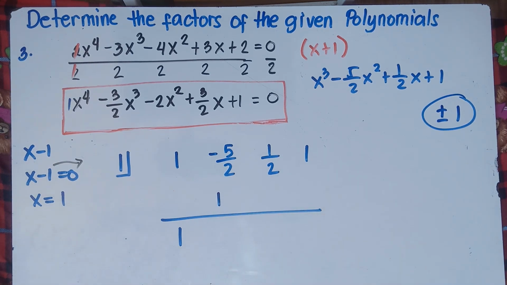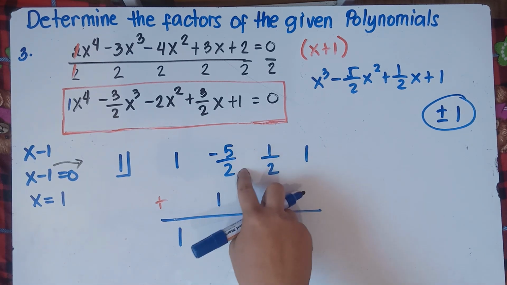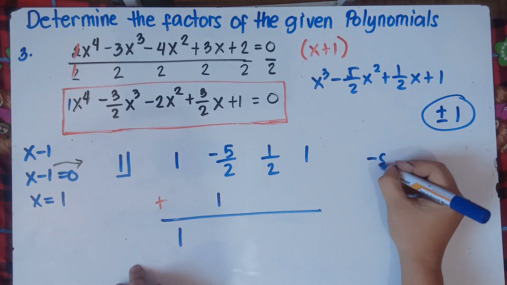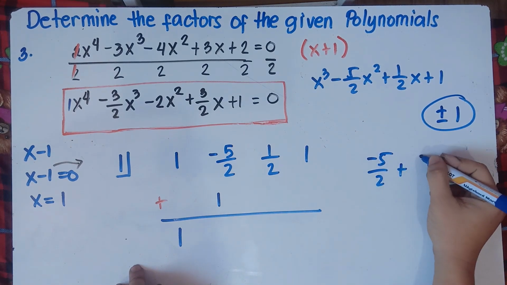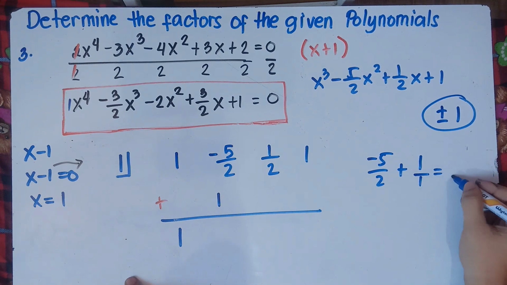Then you combine negative 5 over 2 plus 1. Once again, understood that there's 1 here. Find the LCD. 2 and 1, that is 2.